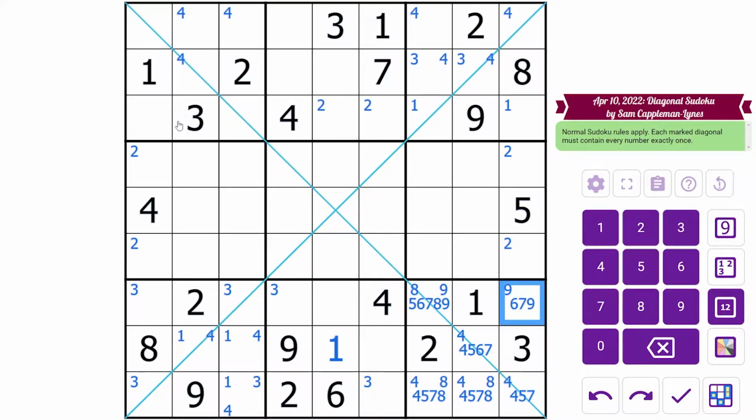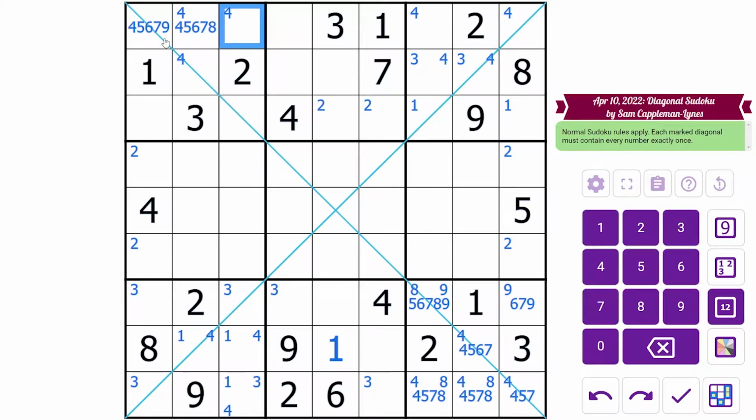But let's do the reflection up here. In this row, we see 1, 2, 3, 1, 2, 3. So that's not overly helpful. So 4, 5, 6, 7, 9. 4, 5, 6, 7, 8.